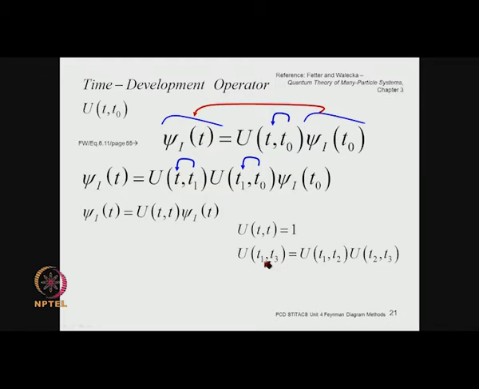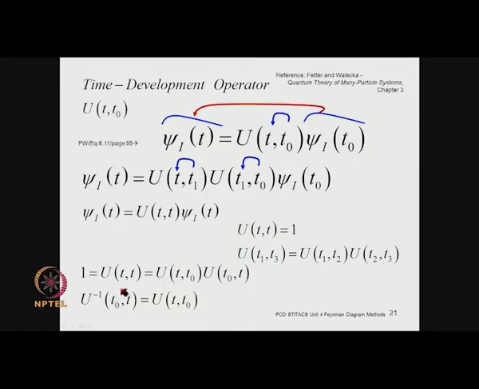The evolution from t3 to t1 can be done in 2 stages, t3 to t2 and then t2 to t1. You can break that time interval into 2 pieces, 3 pieces or even infinite pieces. It is a continuous time interval, so you can break it into infinite pieces. So, these are the properties of the time evolution operator.